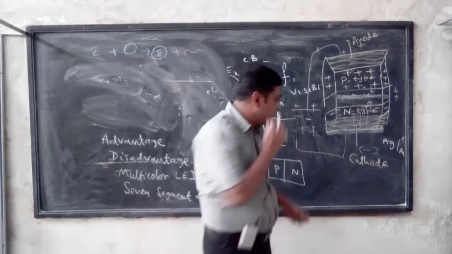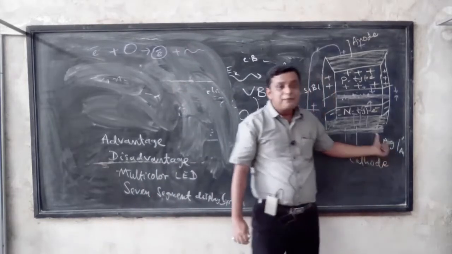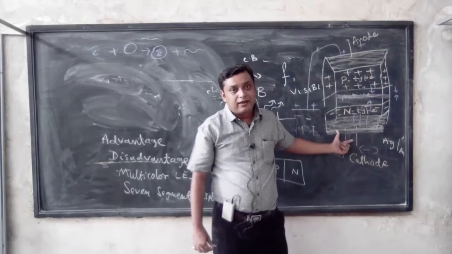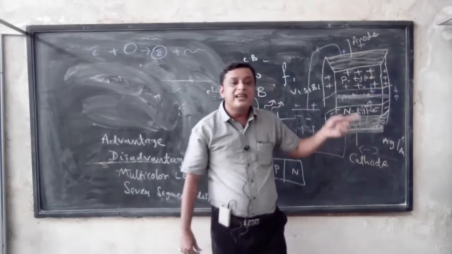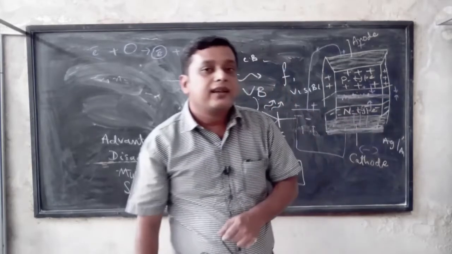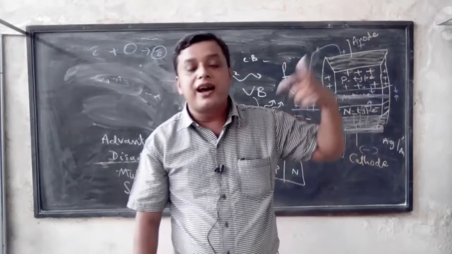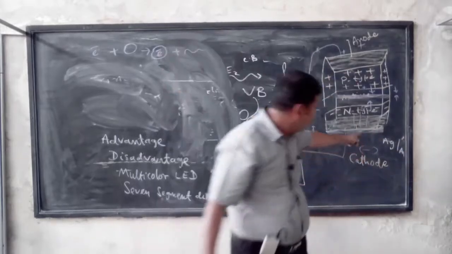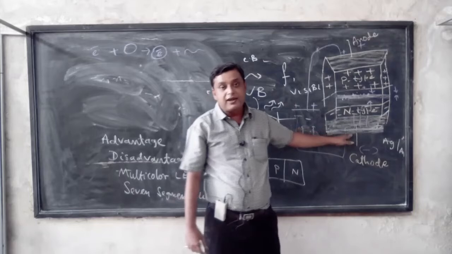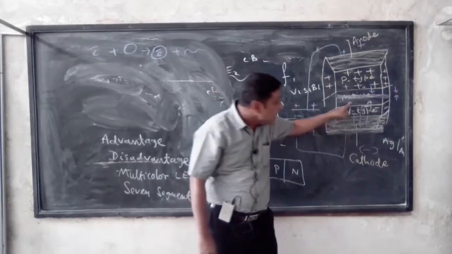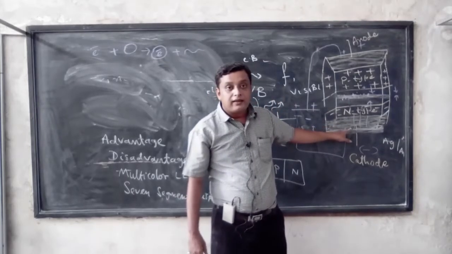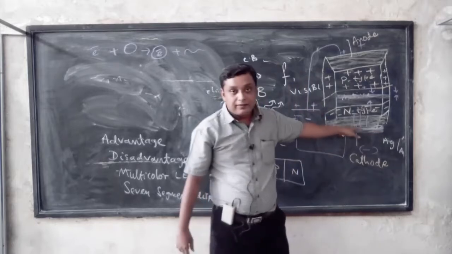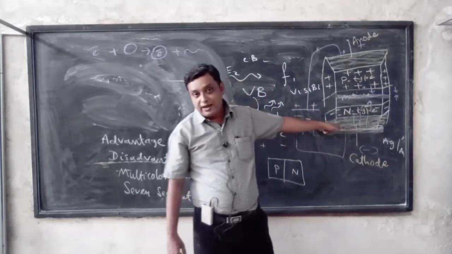If I am using this metallic material base, this base will make a maximum reflection of the light that is falling onto this metallic sheet by the recombination.